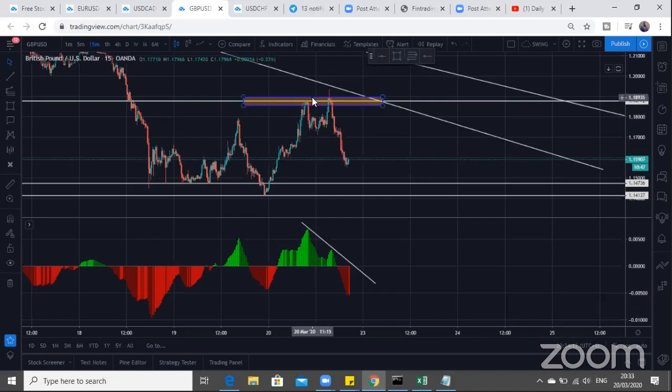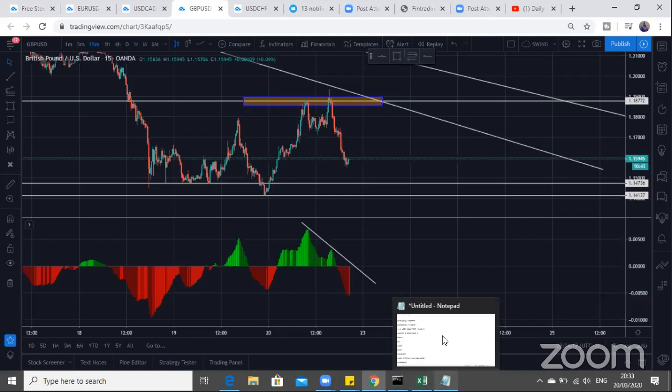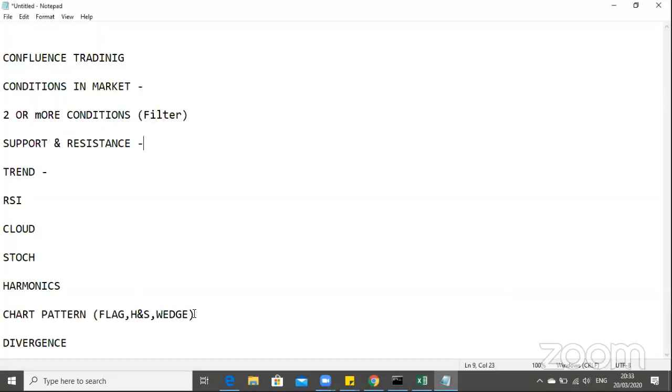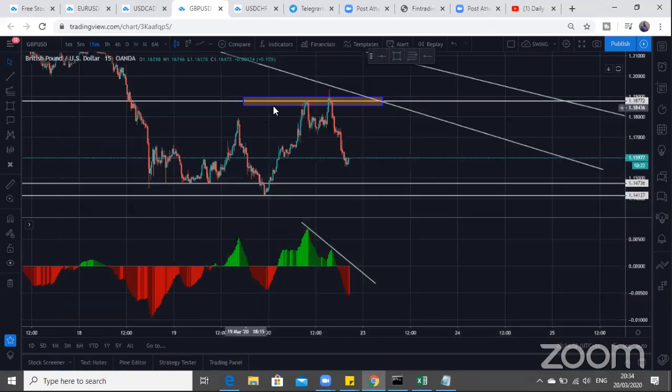On that same place, it formed one of the conditions that is sweet to trade, which is a flag pattern. It's called double top or bottom. Good. So at this place, this is a resistance.